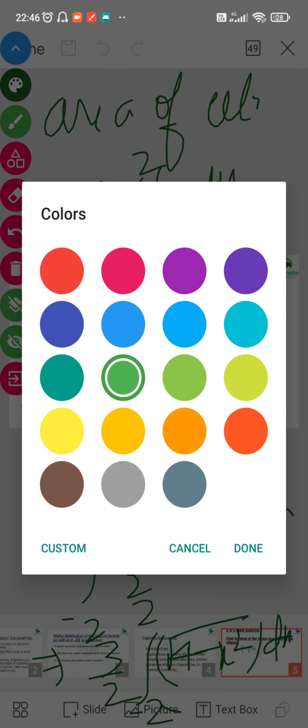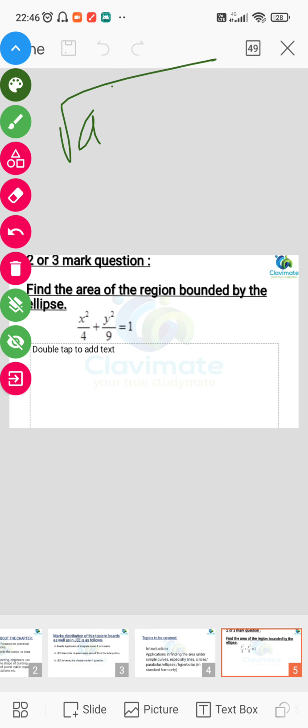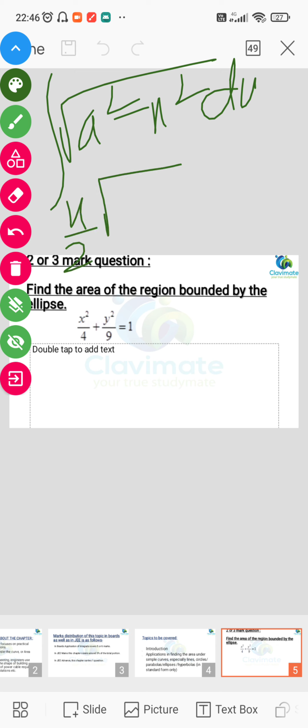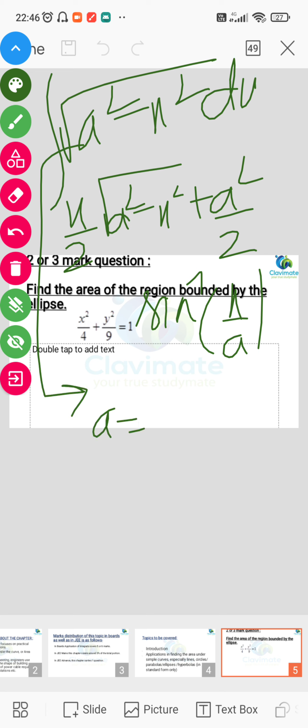Now see this. This integral is of which form? This is of the form under root a square minus x square, right? And we know the integral of under root a square minus x square is x by 2 under root a square minus x square plus a square by 2 sine inverse x upon a, right? So now a is 2, and x is x only.